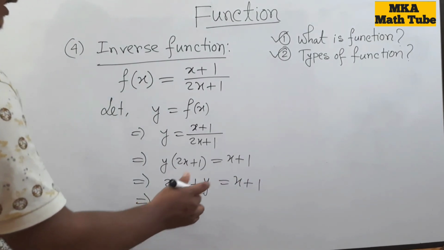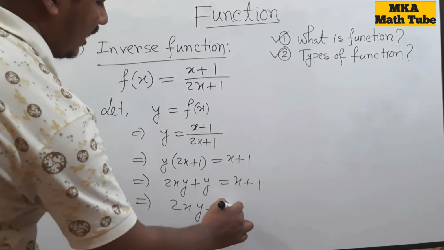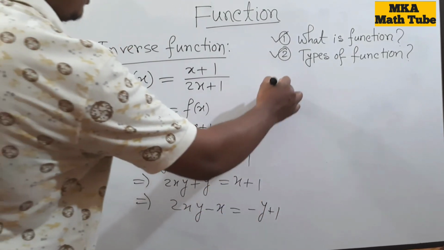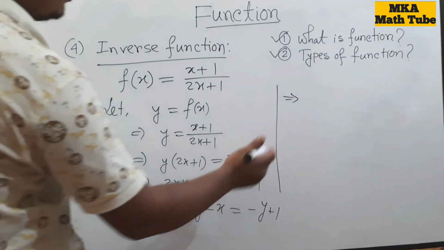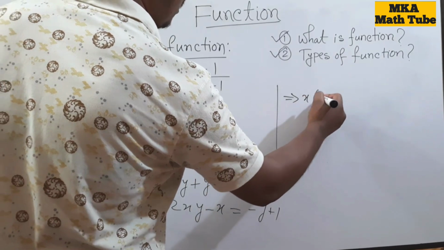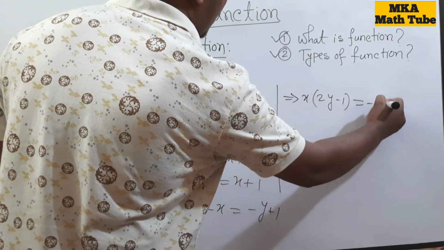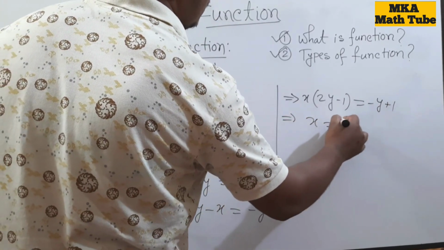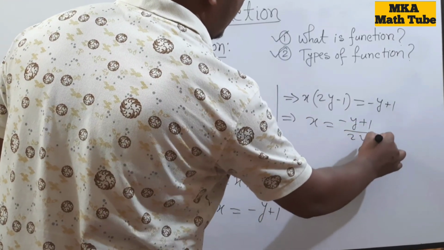Now we take the x terms together, that will be 2xy - x = -y + 1. Taking x common from both parts, x(2y - 1) = -y + 1. So x = (-y + 1)/(2y - 1).